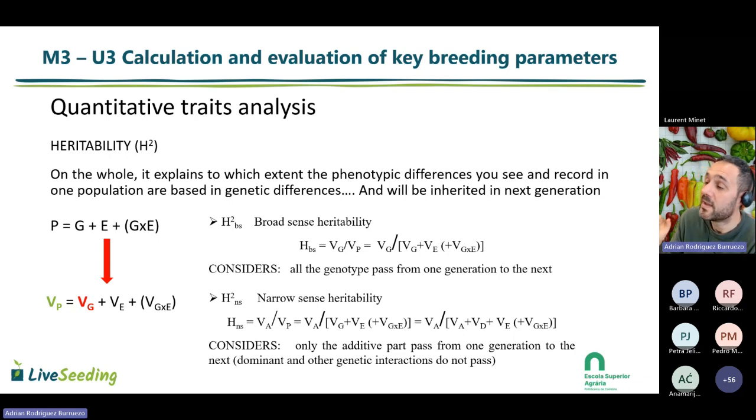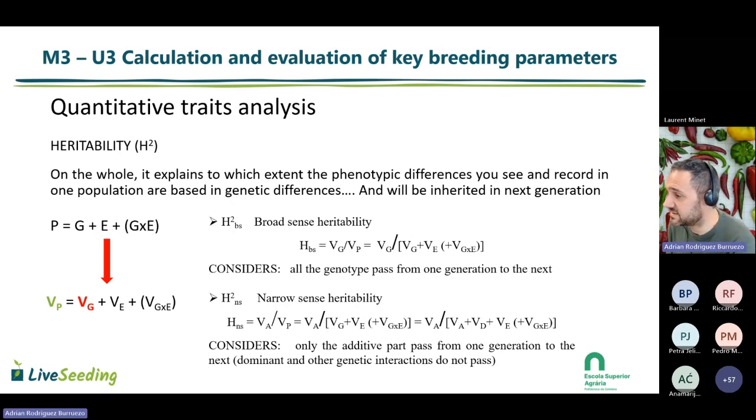Okay, so in a bit more detail, we can distinguish between two kinds of heritability. Broad sense heritability, which comes by directly dividing, or the ratio of genotypic variance divided by phenotypic or total variance.